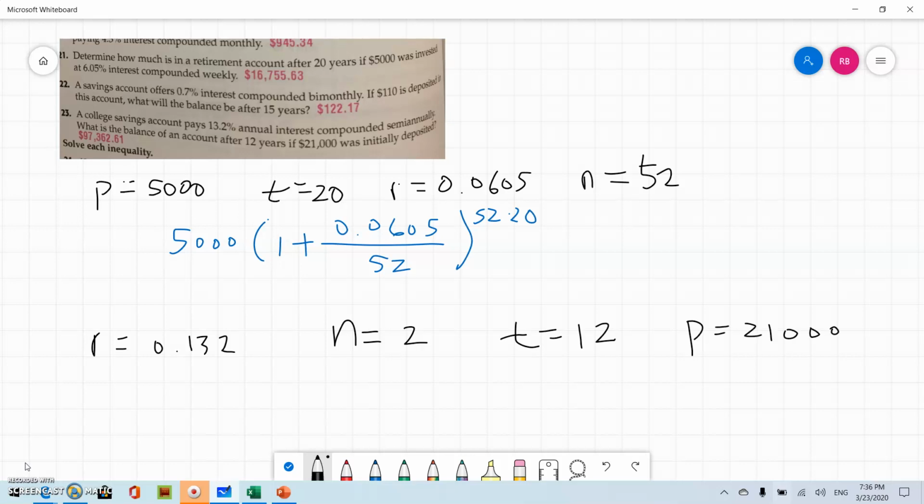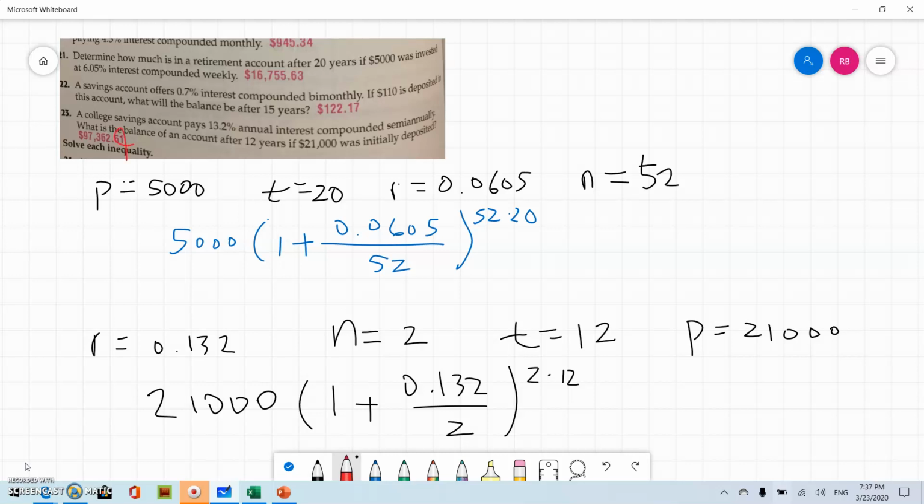Again, this is a compound interest formula, so we plug in everything that we know. 1 plus 0.132 over 2, times 12. And if I plug it in correctly, I get the same answer as the book answer. The calculator actually gives you 0.6099, and since you have to round to the nearest cents, that's why we have 0.61 as an answer.